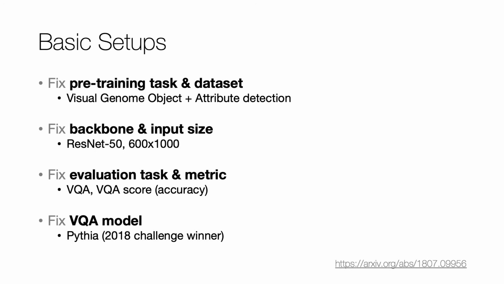We also fix the evaluation task and the metric to be VQA and its VQA score, which is a variant of accuracy. And finally, we fix the VQA model to be Pythia, which is lightweight and helped us win the VQA challenge in 2018.